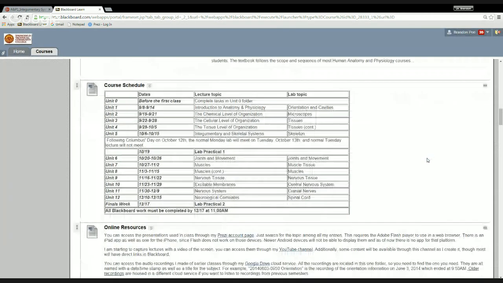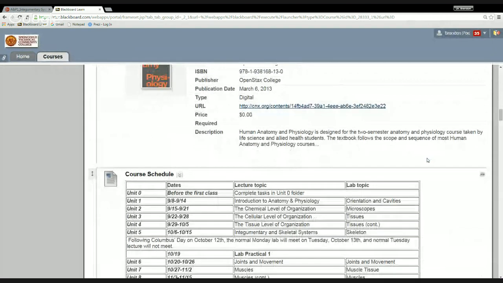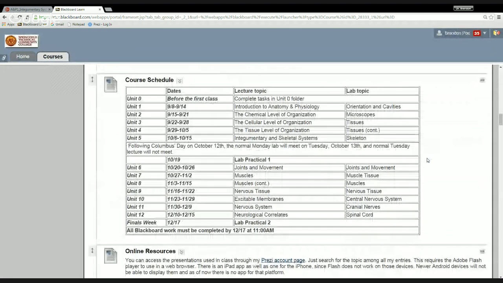What I had done for my other courses was to split the skin and skeleton up between 2 weeks in the schedule. I hadn't done that for you, obviously. So this week, it says integumentary system and skeletal systems. So they're in one folder together, this week's folder together. Now, actually, it is really 2 weeks worth of stuff.